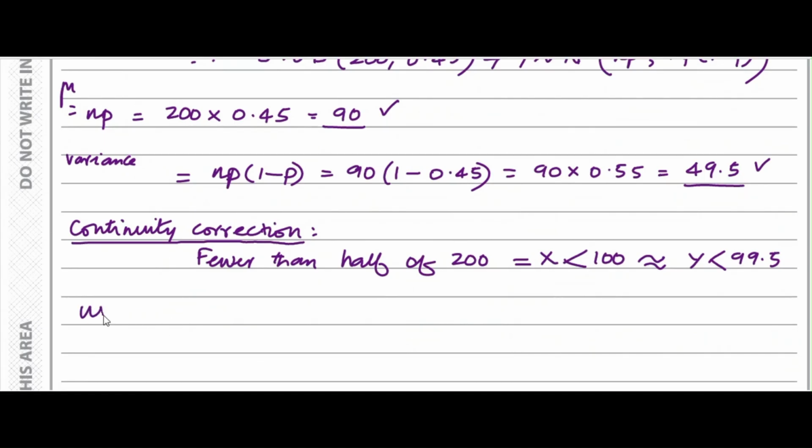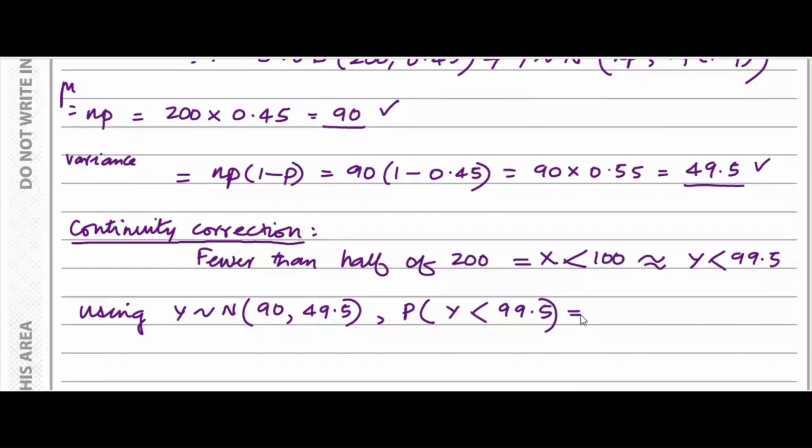Therefore, using Y following a normal distribution, mu is equal to 90, variance is equal to 49.5. What's the probability of Y being less than 99.5?